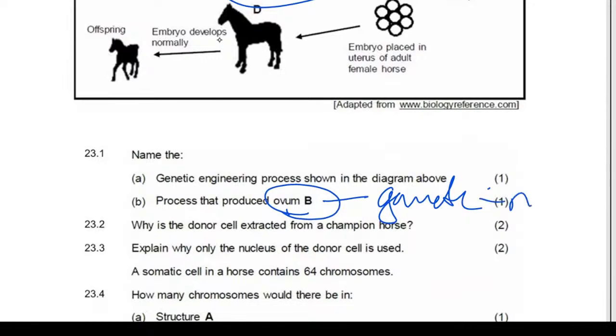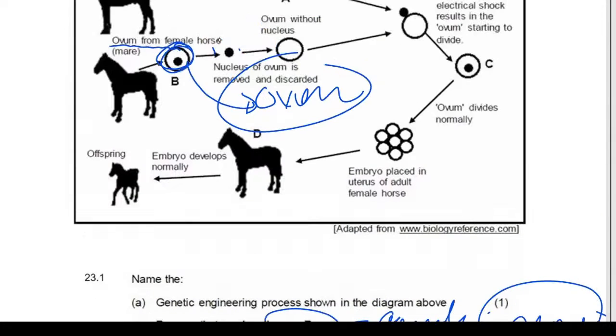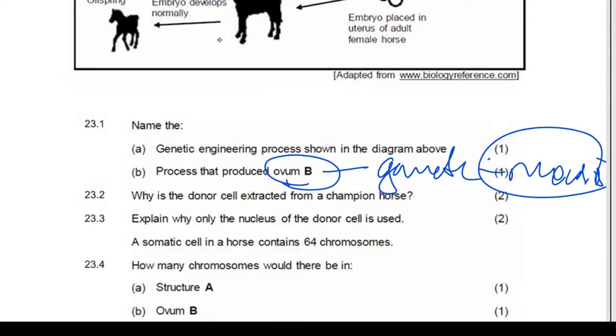We know that it is meiosis. There are two different questions there: the process that produced B, or the process by which B, the process of producing B. Those are two different questions.